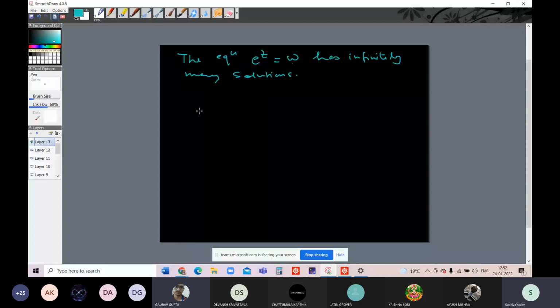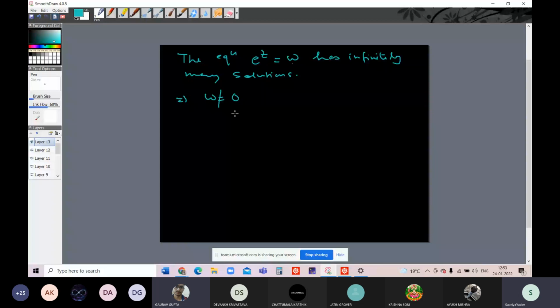we know, as we just studied a property, that exponential z is not equal to 0 for every z. So we can say here this w is not equal to 0. If w is a non-zero complex number, we can write it in the polar form.